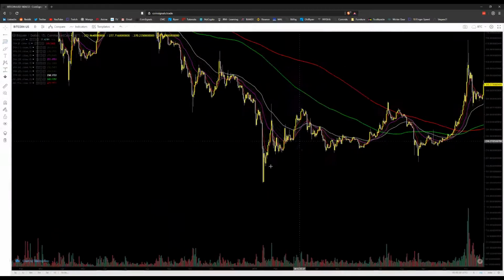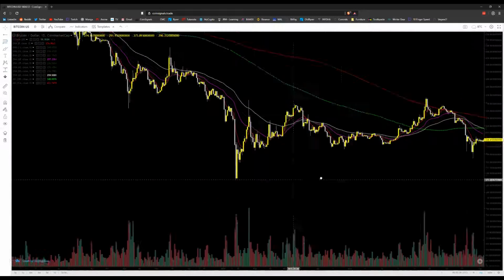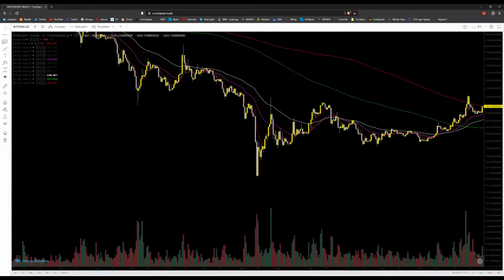Okay, same area here. This was that bottom we're talking about on the weekly. So what we do, if we think that this is going to be the bottom, if we're going to be buying long, it's only because we think price is going to go up. So if that happens, price will make a higher low somewhere in front of this level, right?